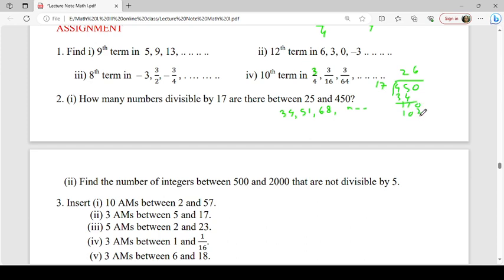So 17 into 26 is the term which is less than 450. The remainder is 8. So we subtract 8 from this, so it is 442. So the last term is 442.